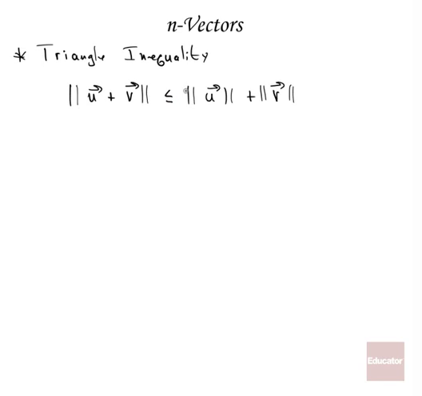Here's what this means, and this is why it's called the triangle inequality. Let's draw two vectors. Let's say I have vector u. I'll label it vector u. And let's say I have vector v. Notice I didn't draw them from any frame of reference. They're just random vectors.